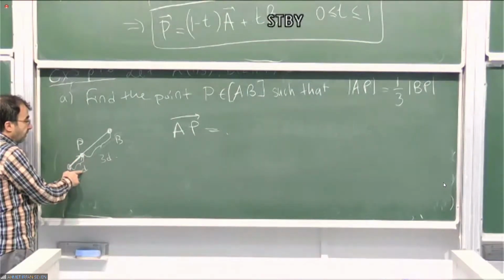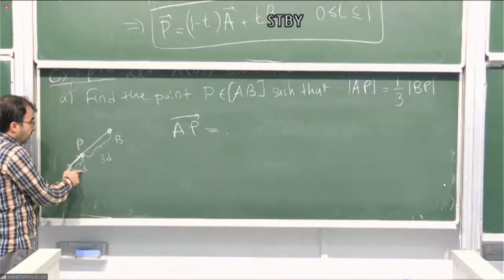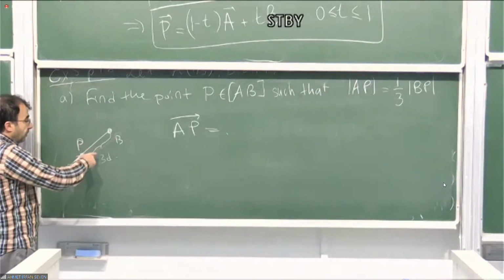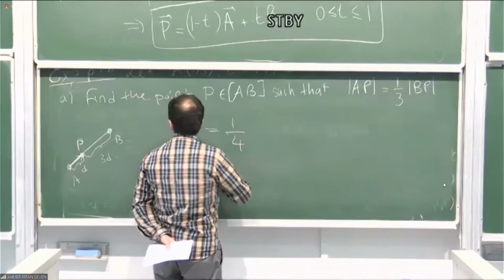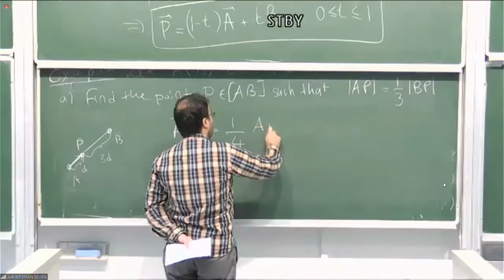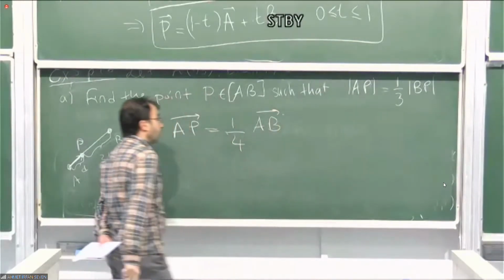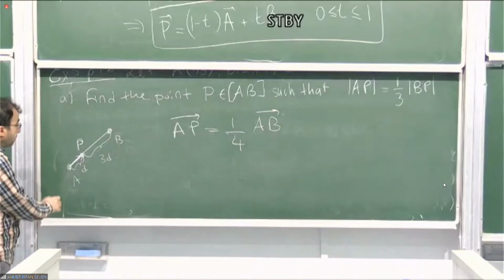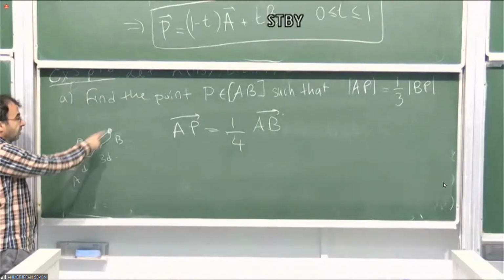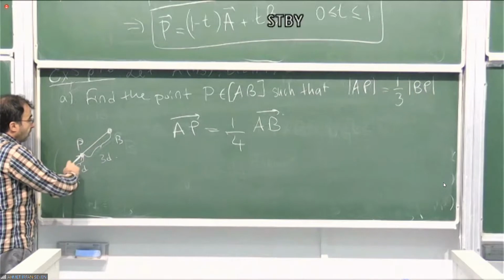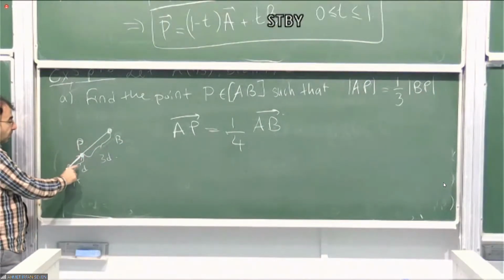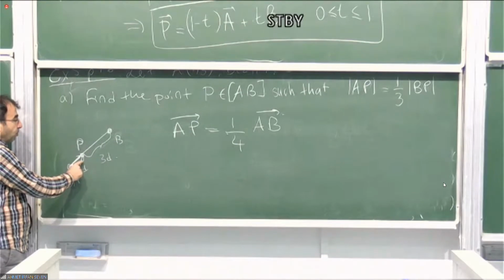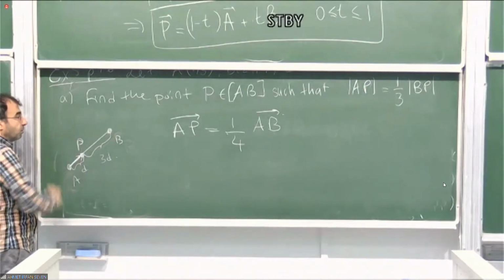If its length is d and the length between A and B is 4d, so it will be 1 over 4 times AB, right? AP is in the same direction as AB, so it will be a multiple of it, and the multiple will be the ratio of its length. So it will be 1 over 4 times AB.